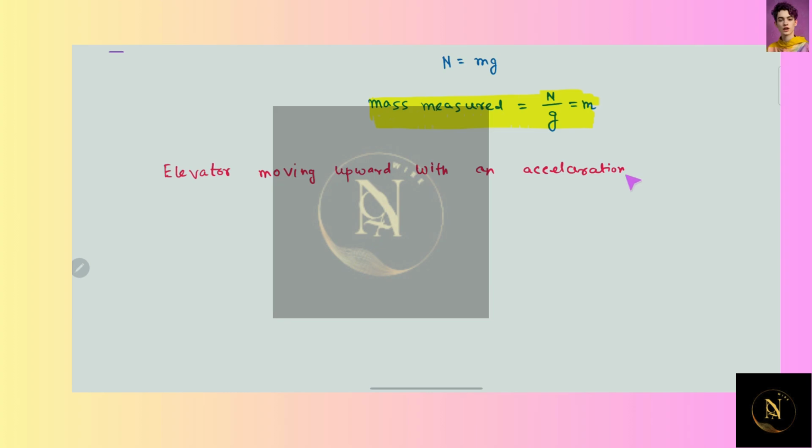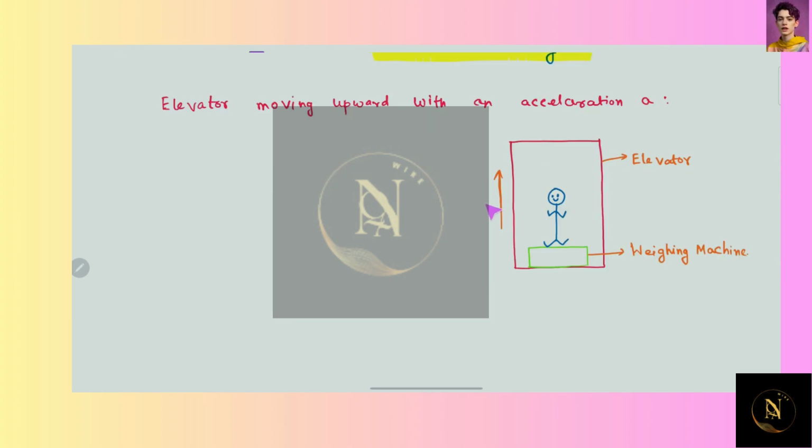So the acceleration of the weighing machine is a. Now let's say the actual mass of the man is m. Then on the person, what are the forces that will be acting with respect to the elevator's reference frame?